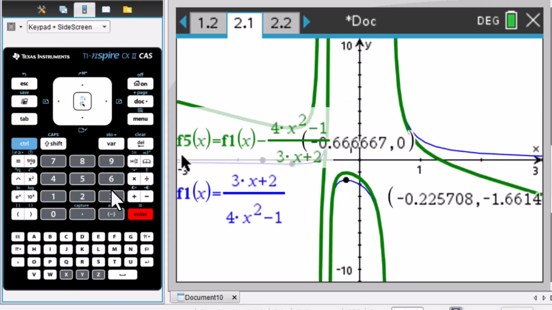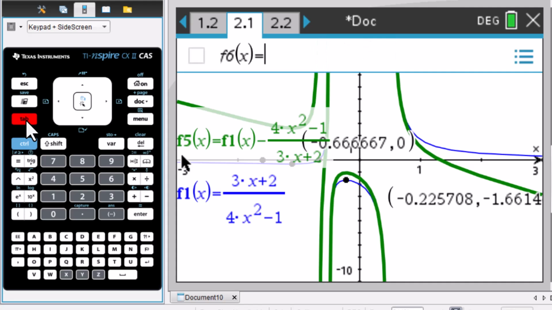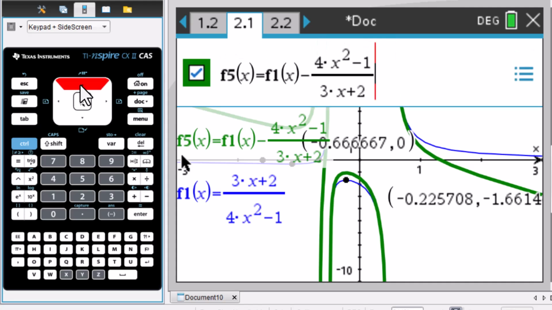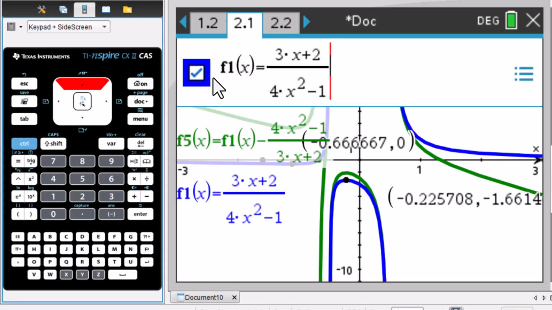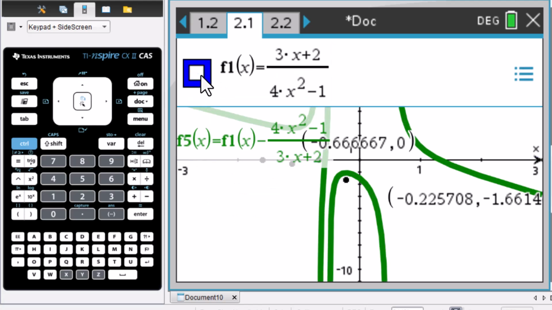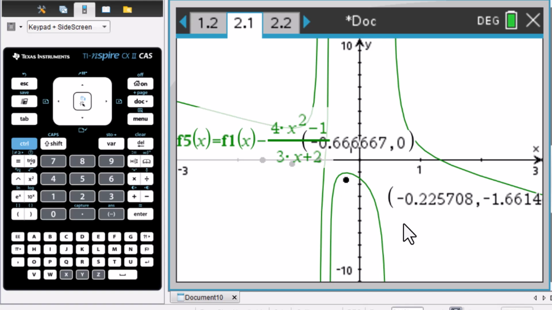Enter. Go back to this tab. We need to unselect this f1 of x. This is the graph of f of x minus g of x.